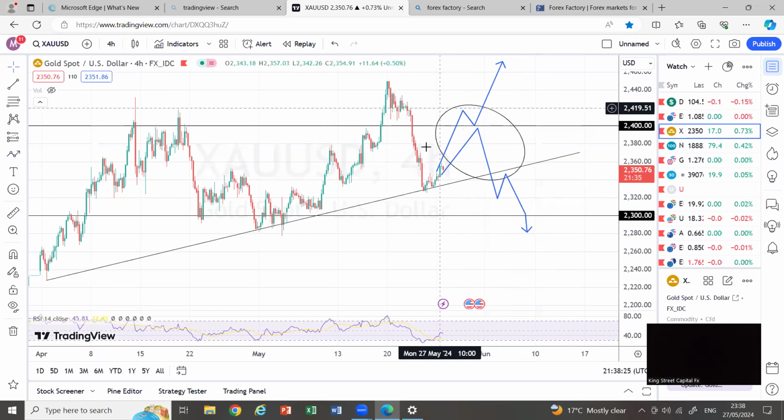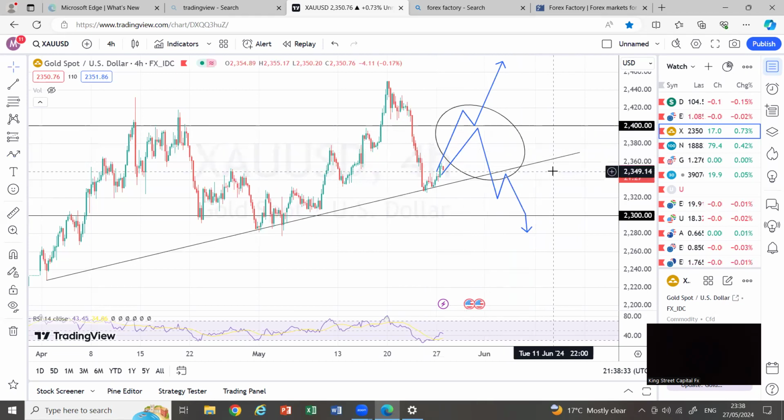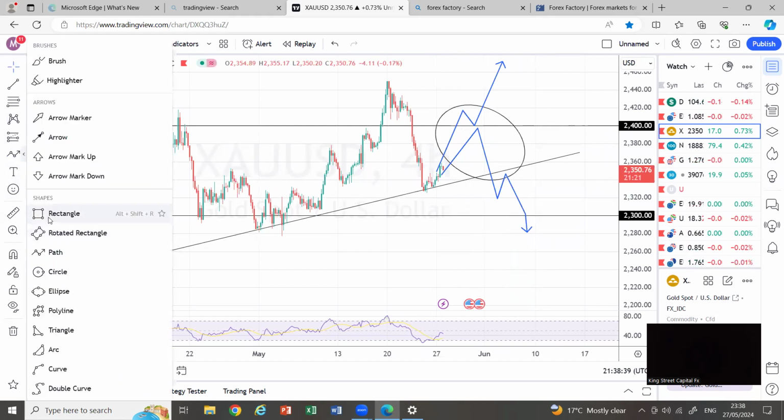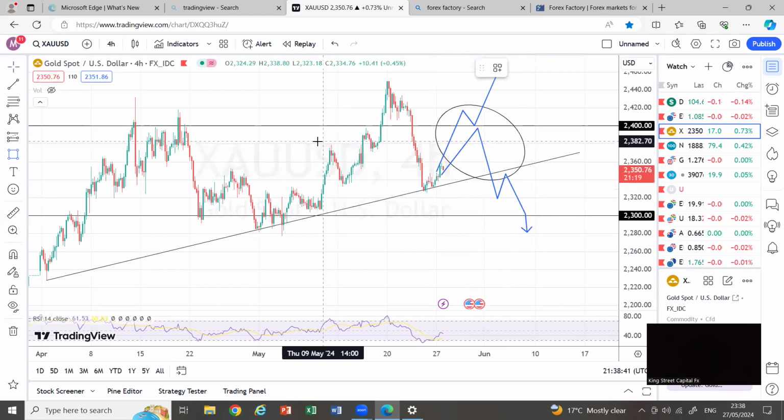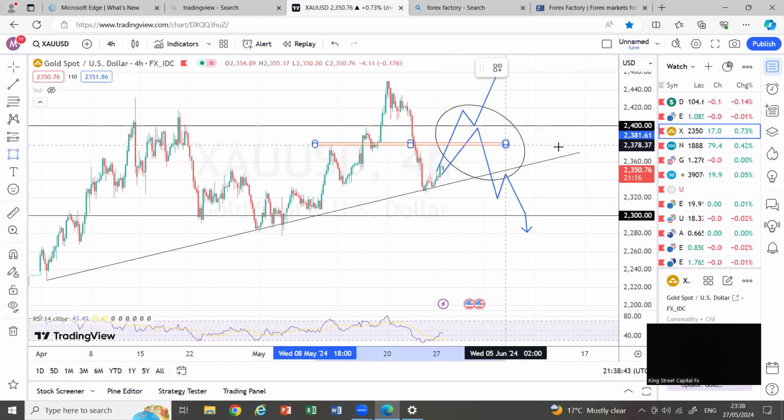This is where the circle is here. It's a great area of interest where I would assume price would come back down, maybe 2,380. This would be the first area of interest.